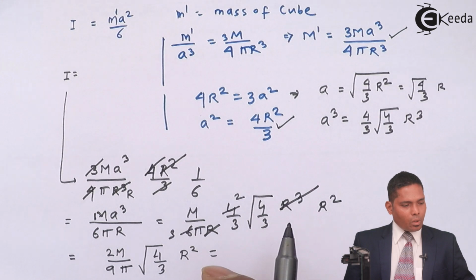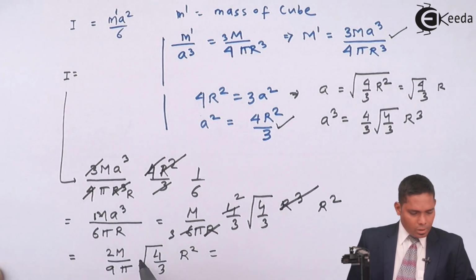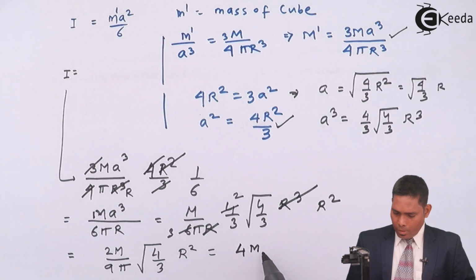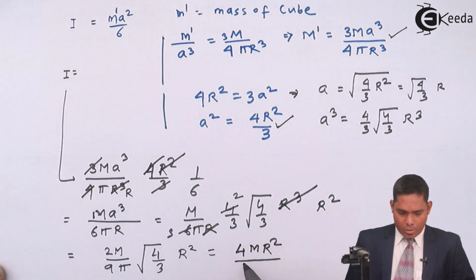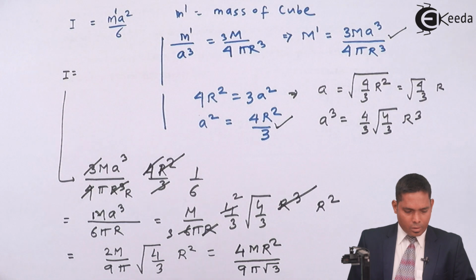So first we have to see the options. What are the options? If you see the options, then I will take this 2 also coming out. Then this will be 4m r square divided by 9 pi root of 3.